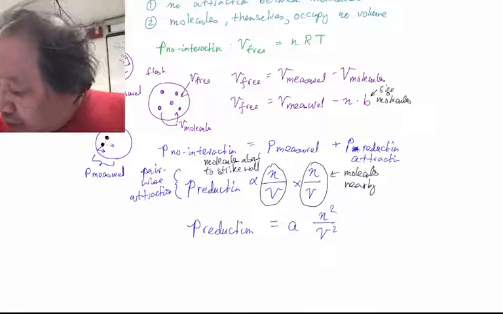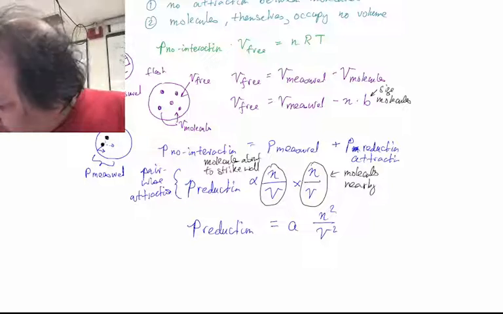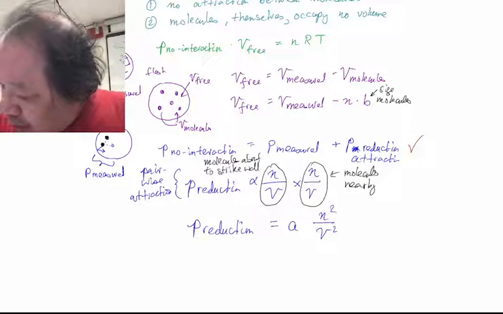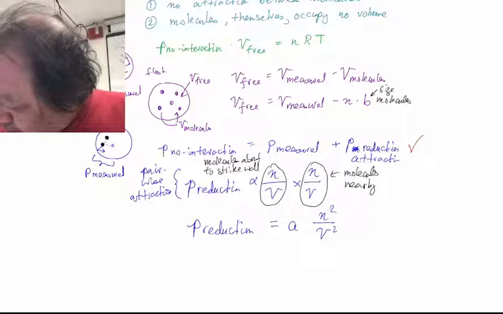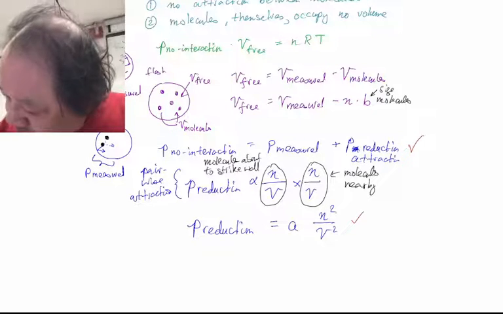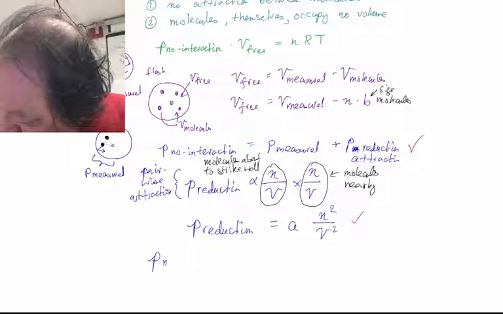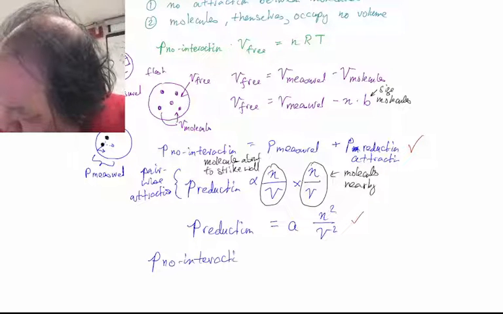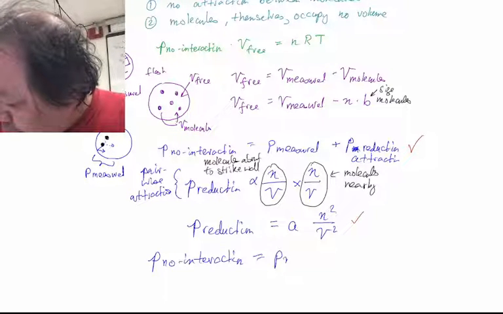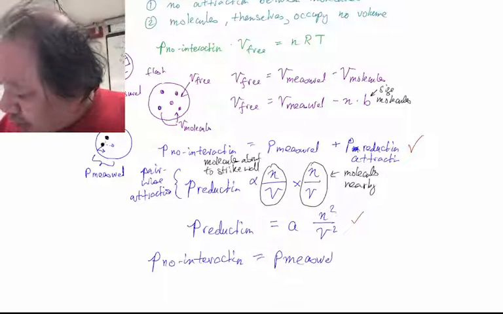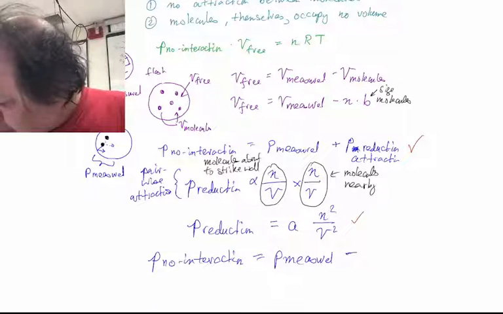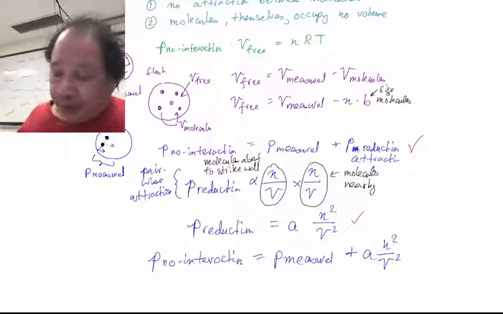And if we now substitute that in for this equation here, we get that P no interaction is equal to P measured plus P reduction, and P reduction is A n squared over V squared.